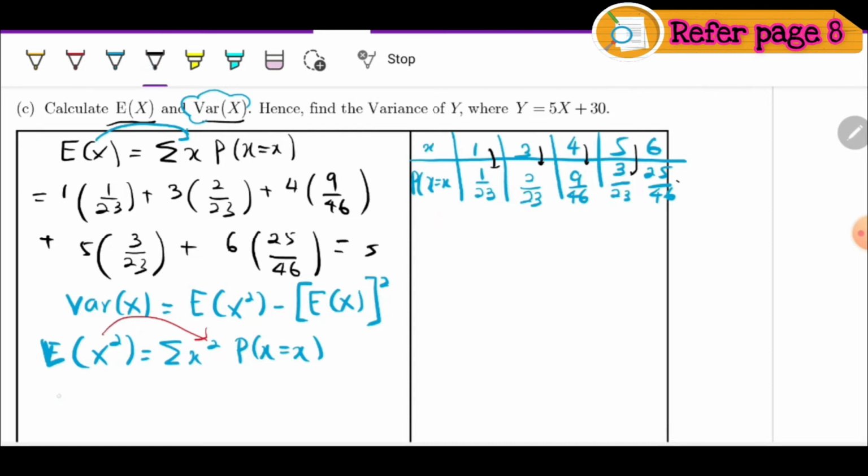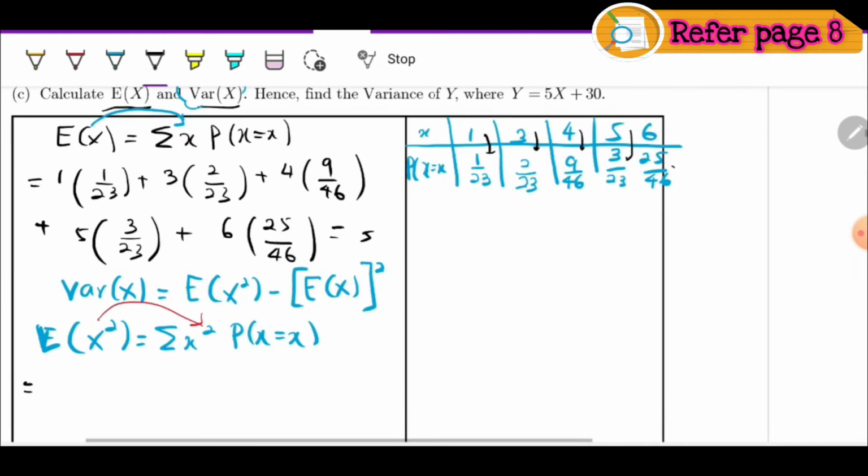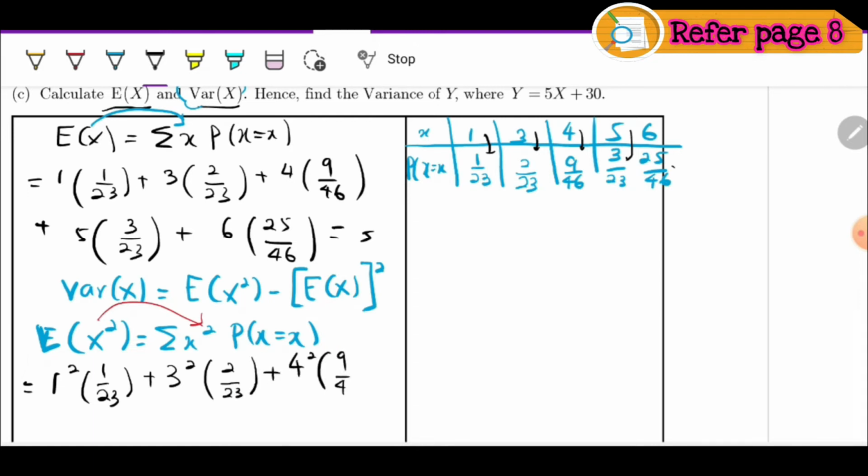So we start from 1, square it, then times the probability. 3 squared, then times the probability. 4 squared and times the probability, plus 5 squared times the probability.